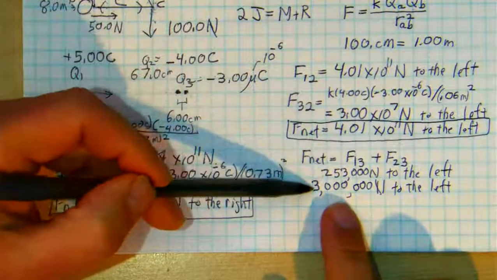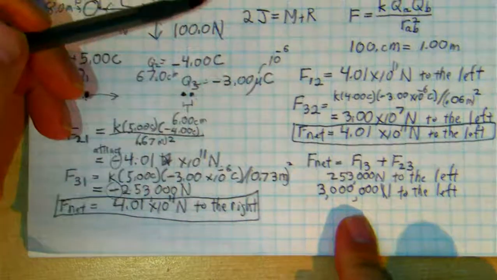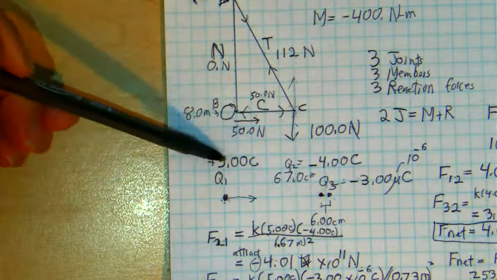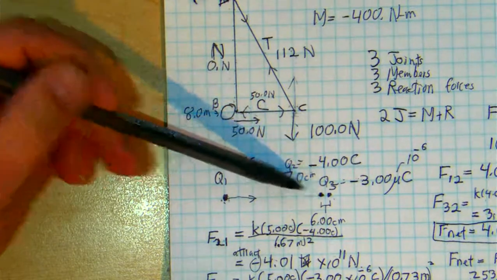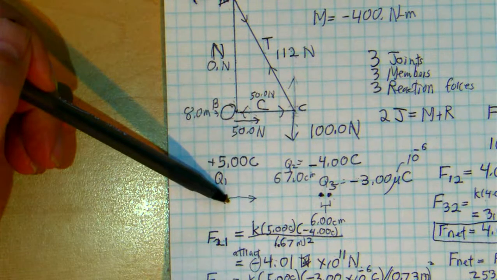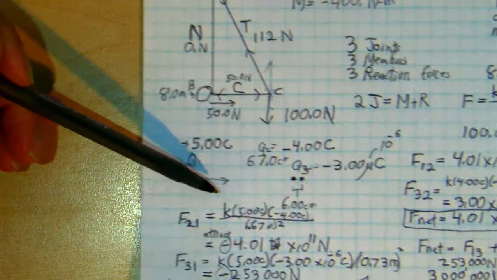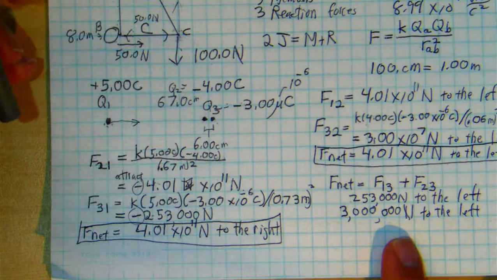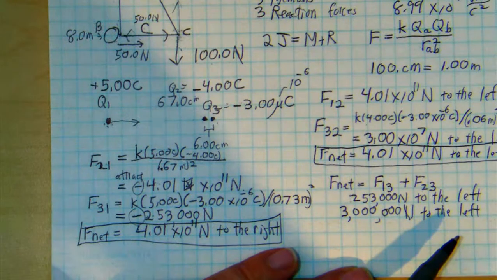Now we can see these are not way, way, way different from each other because Q1, although it is stronger than Q2, 5 is greater than 4, it is much farther away. I'm wondering if I'm doing this right or if I'm making a mistake. I think I'm doing this correctly.